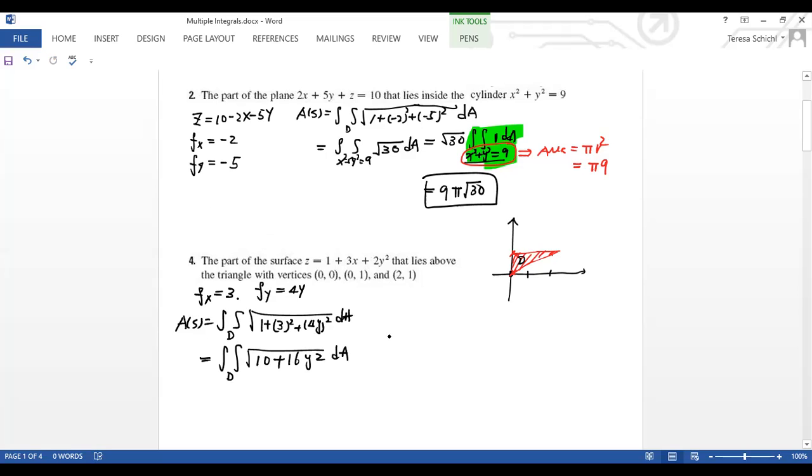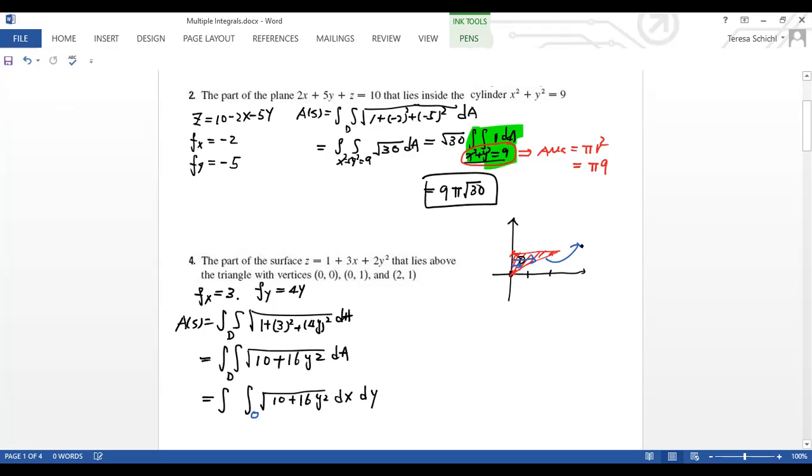Now we need to decide whether to do dx or dy first. Since we see 10 plus 16 y squared inside the square root, I will do the dx first so I don't need to worry about this. So I integrate in the x direction, from 0 to this line.